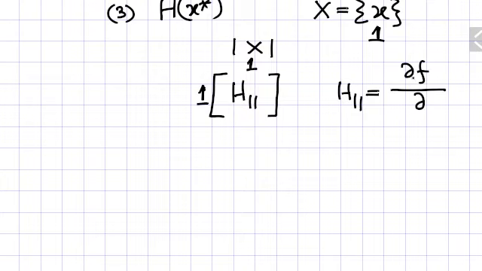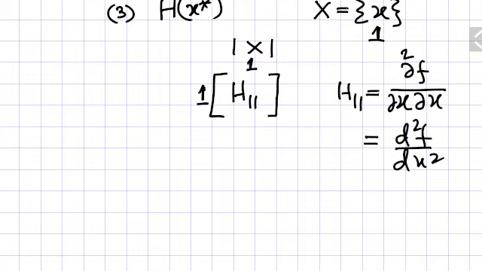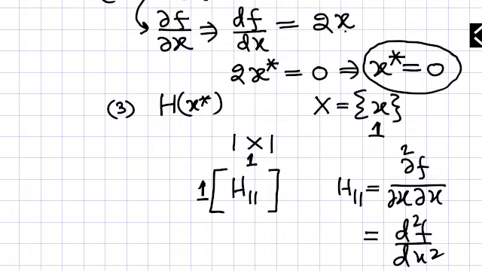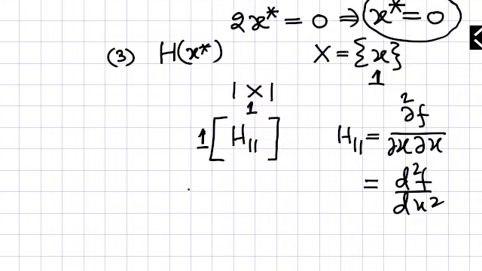Differentiate it like this, because we have only one variable, it is actually d2f over dx squared. Already you have got the first derivative, and now differentiate it again, you will get d2f over dx squared equal to 2.